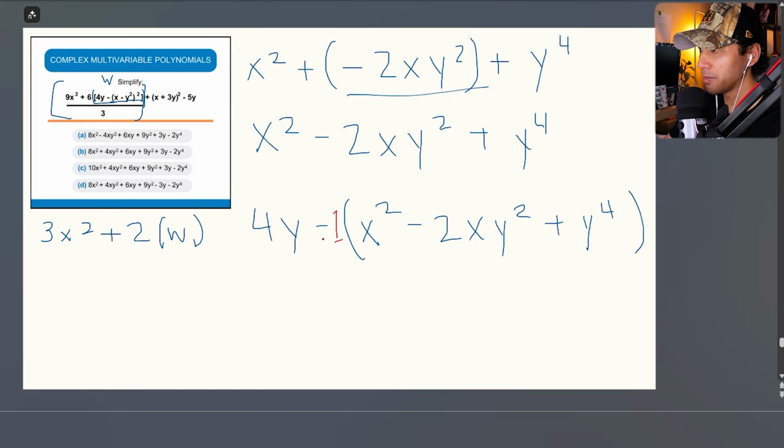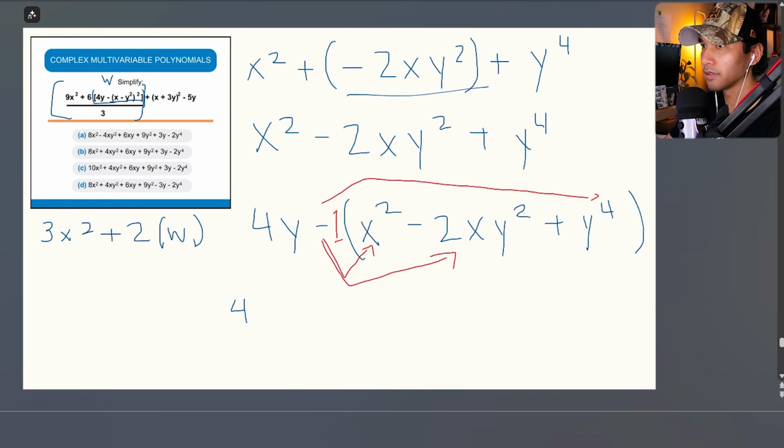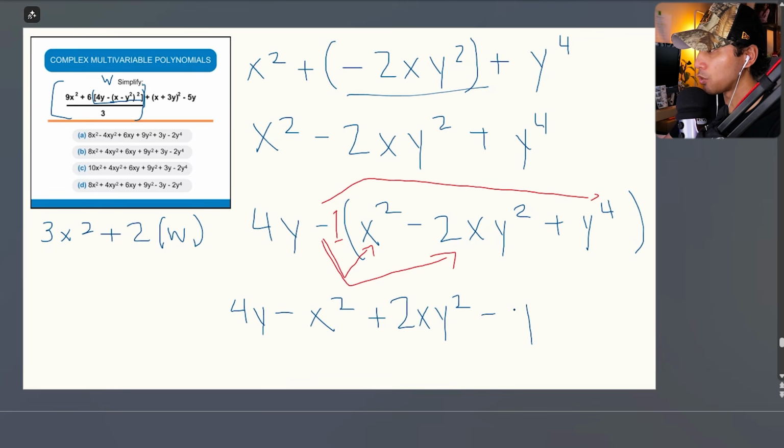Now we have to distribute this -1 to x squared, distribute this -1 to -2xy squared, and distribute this -1 to y to the 4th. So now we have everything written down is 4y minus x squared plus 2xy squared minus y to the 4th.